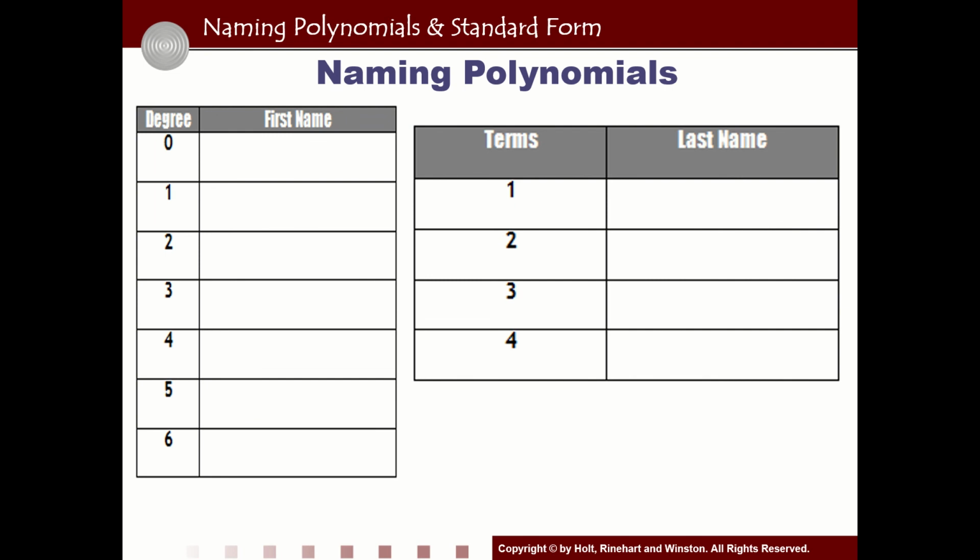So let's take a look. A degree of 0, and you'll notice I wrote first name, last name, because this is how we name polynomials. The degree name goes first, and then the number of term names goes second. So degree, you recall, is degree of 1 is linear.